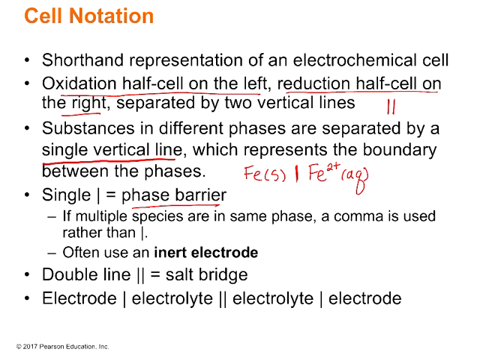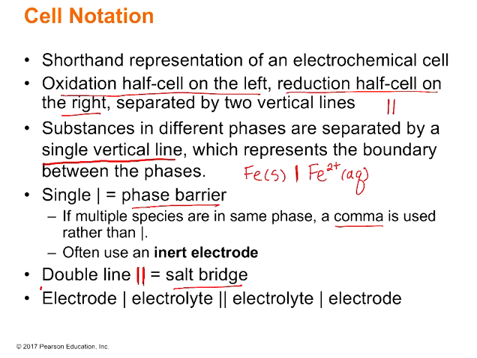But we also saw that in some cases we might have multiple species that are in the same phase. So in that case, we'll just use a comma. All right. Now, another way to think of this is that the double line that we used is representative of the salt bridge, which connects the oxidation half-cell reaction to the reduction half-cell reaction.